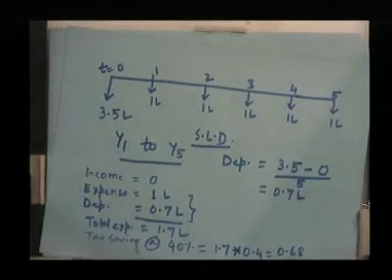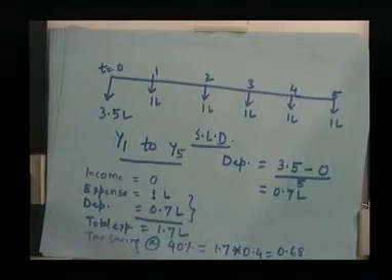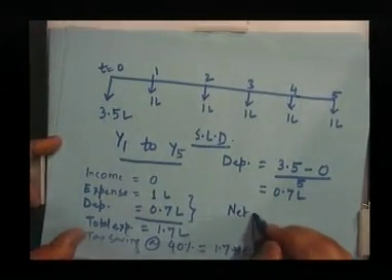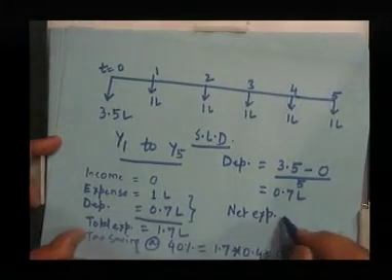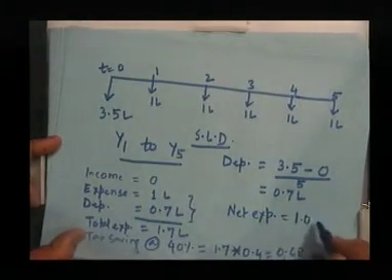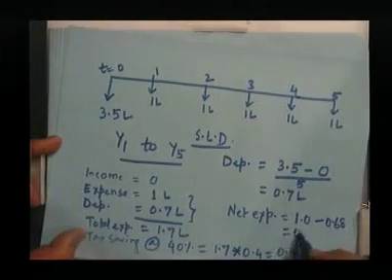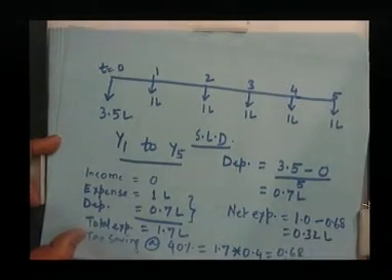So, what is your net expense? The net expense would be 1.0 minus 0.68, which is equal to 0.32 lakhs.